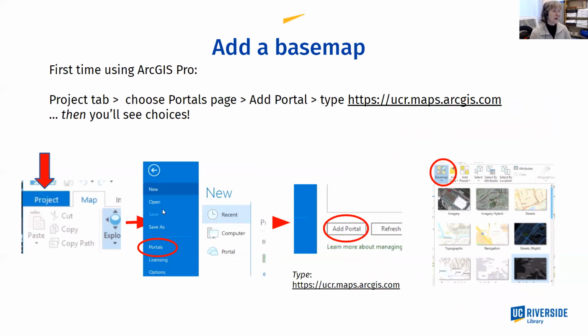In the Project tab, you'd want to choose the Portals page. Then when the Portals page comes up, you want to hit the button that says Add Portal. You'll get the opportunity to type in this URL. Then you go back to your map. And then when you click on base map, you will have choices on what kind of base map you'll be seeing.